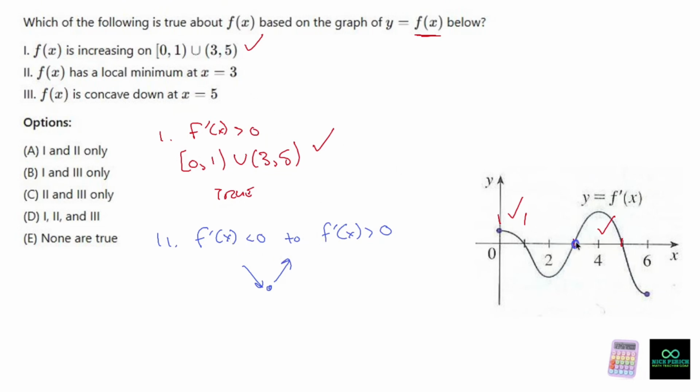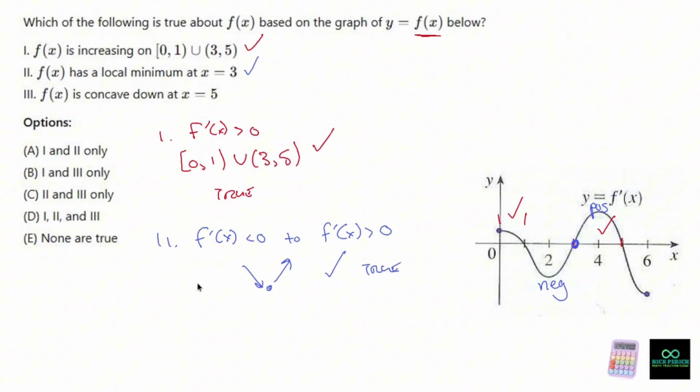Well, here's 3. I am underneath the x-axis, which means right here it's negative, at 3, and then it becomes positive. So since my f prime of x is under the x-axis before 3, and then above after 3, that would imply that I have a local minimum. So this is a true statement, which means 2 is also true.